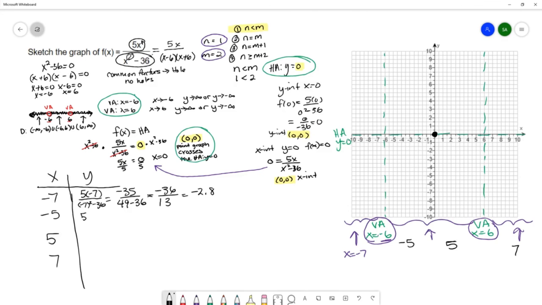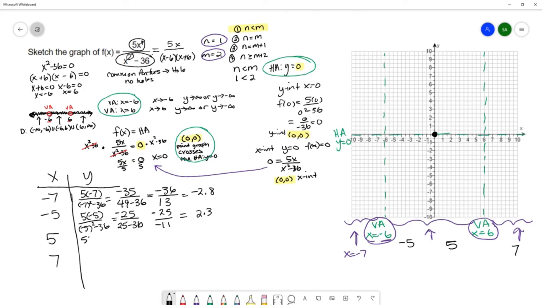We have 5 times -5 over -5 squared minus 36. That's -25 over 25 minus 36. 25 minus 36 is -11. And this 25 should be negative. 5 times -5 is -25. So -25 divided by -11, we've got a positive 2.3.